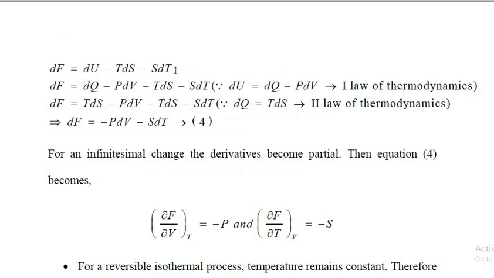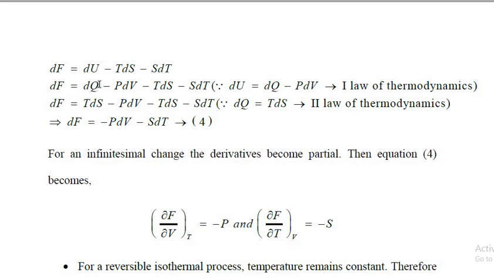That is what is written here. Next, what is dU? According to the first law of thermodynamics, dU is equal to dQ minus PdV. So I have written dQ minus PdV, now this minus TdS minus SdT.